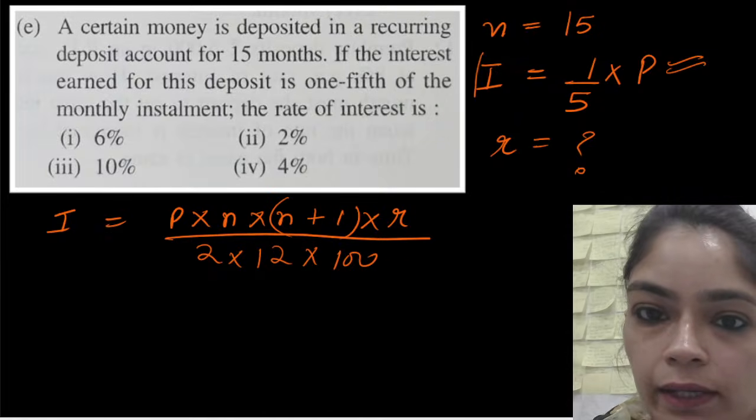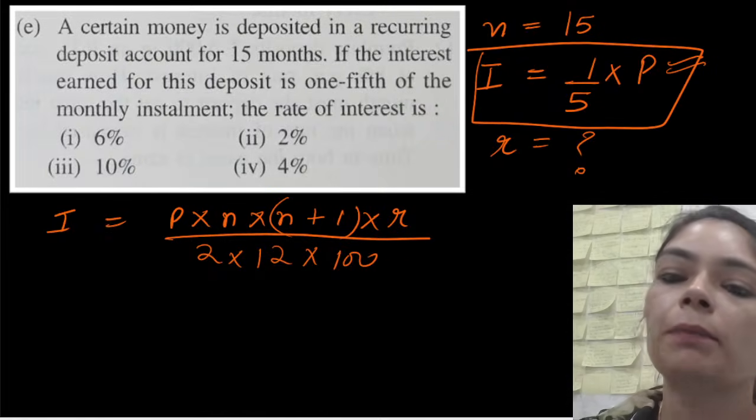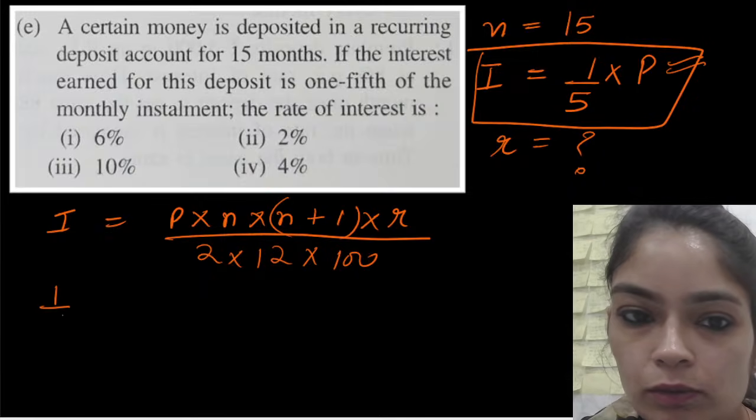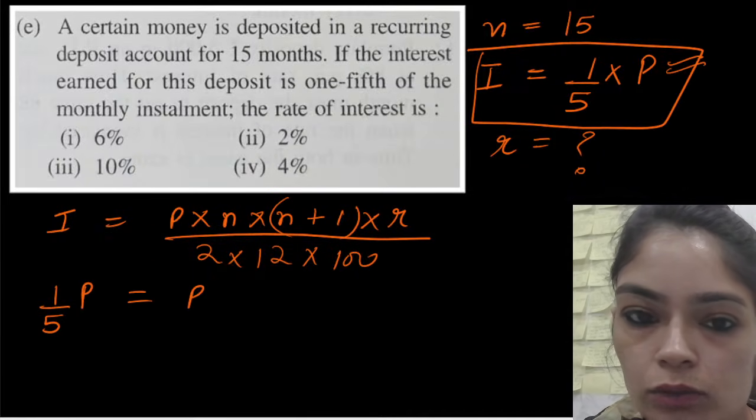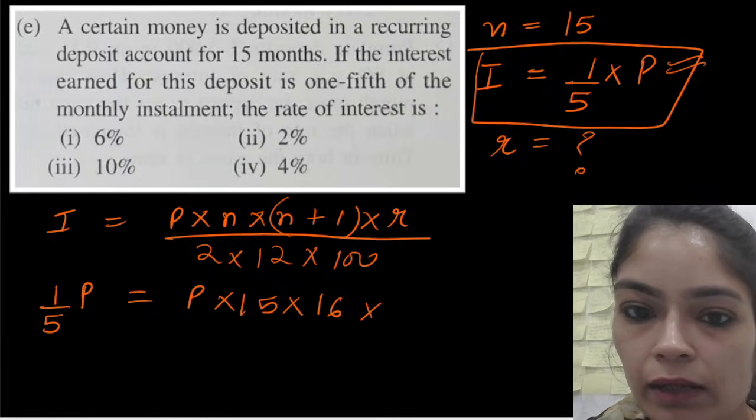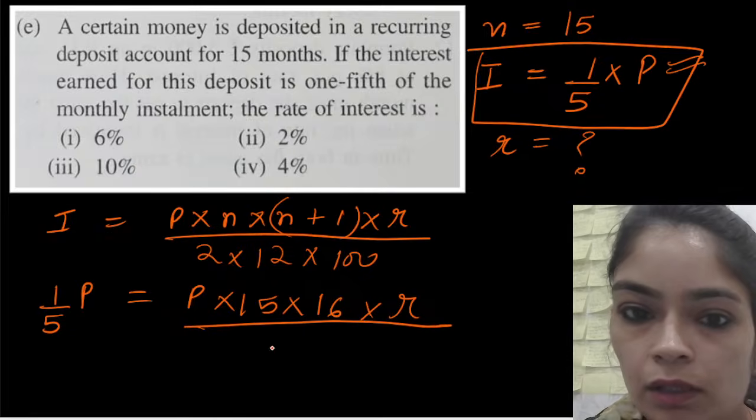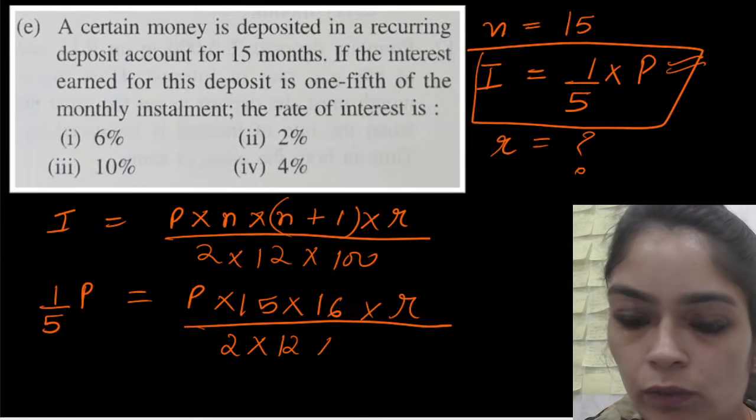Yes, we can use the formula of interest. Good morning, Yashwardhan. I's value is given to us as 1 by 5 into P. So P by 5 equals P into N, which is 15, N plus 1 is 16, R we have to find, over 2 into 12 into 100.